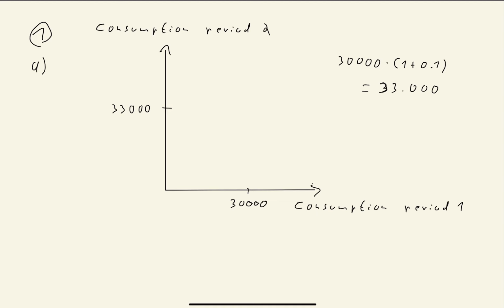And in order to draw the intertemporal budget constraint, we simply connect the 2 points with each other, and any point on this budget constraint gives us a bundle of consumption in period 1 and period 2 which is feasible given that we have an interest rate of 10%.